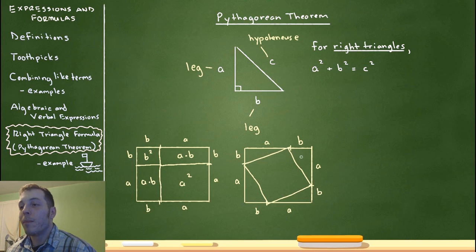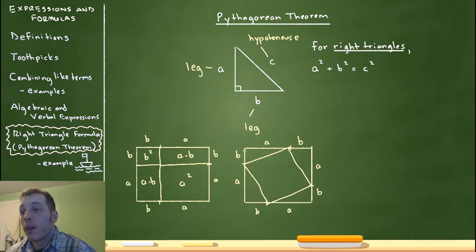So what we're doing here now is we have these four triangles here. We have a triangle here, here, here, and here, right? These are all right triangles. Now, what's the area of this triangle here? Well, this would be half of the base times the height.